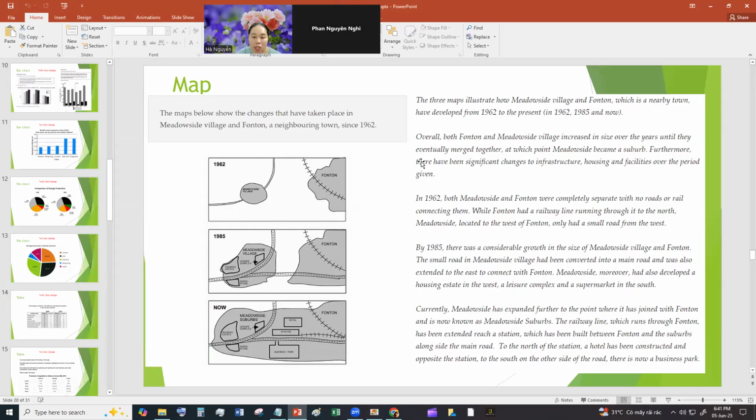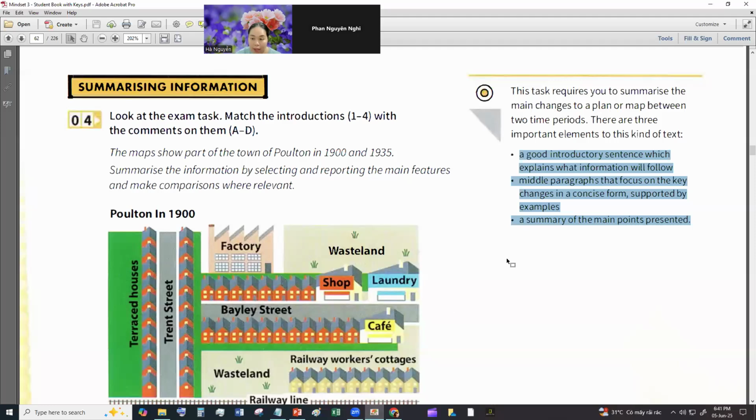So I would suggest you follow this structure of introduction, overview, and body, then conclusion. However, if you like, the structure in the course book is also acceptable, introduction, body paragraphs, and conclusion, as long as you make sure to complete everything in time.